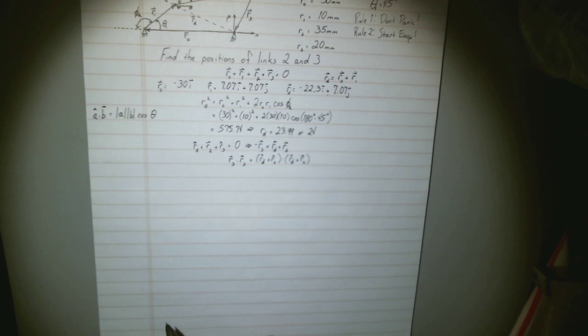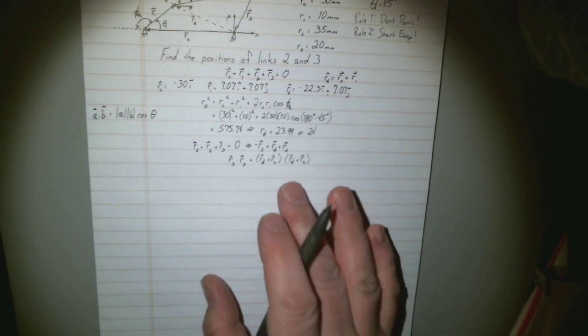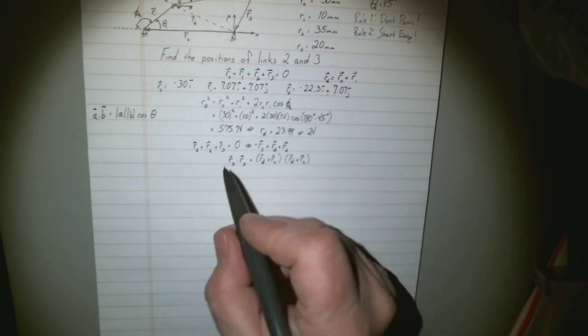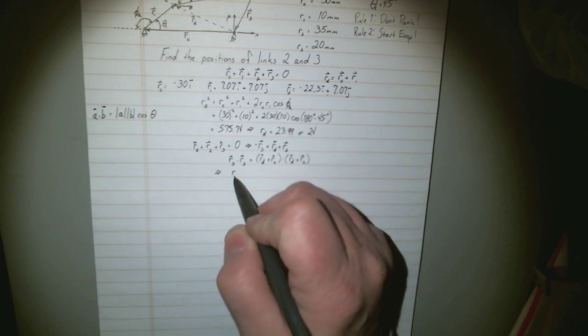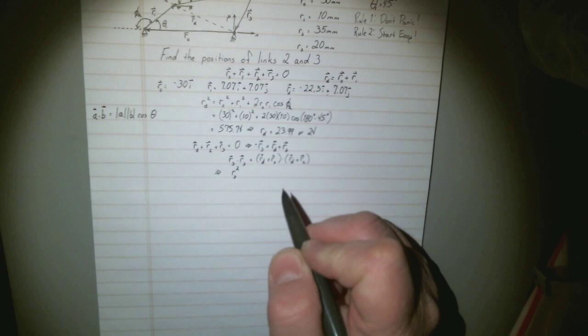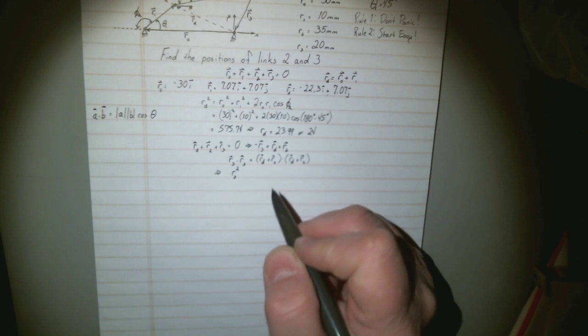As we know, the cosine of 0 is 1. So if I take the dot product of a vector with itself, that very easily simplifies out to the magnitude squared. Kind of nice.